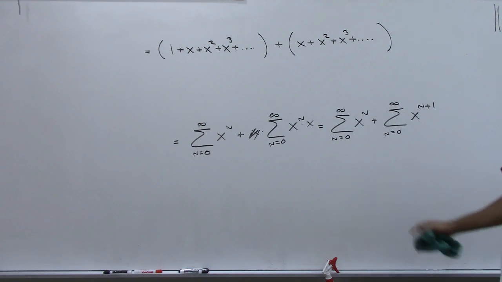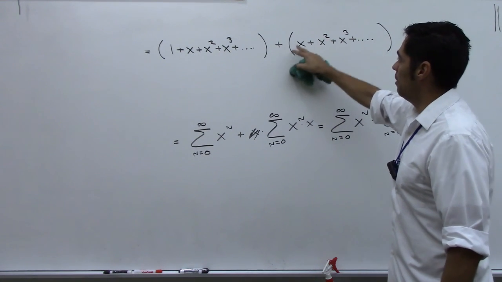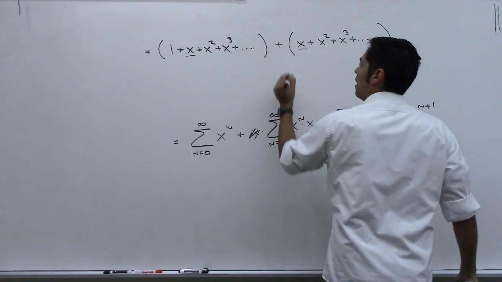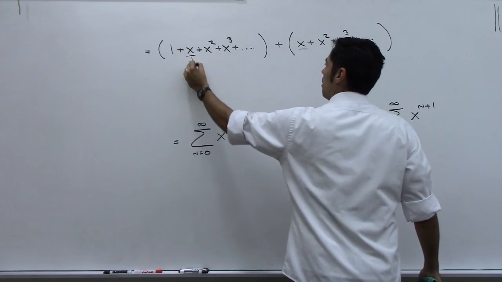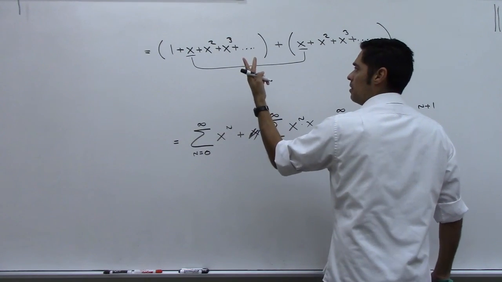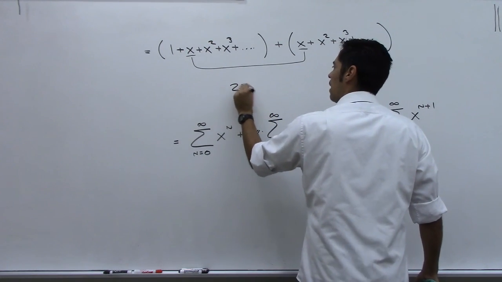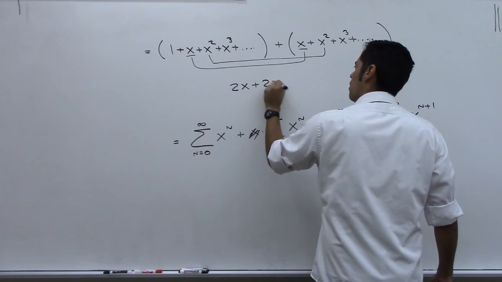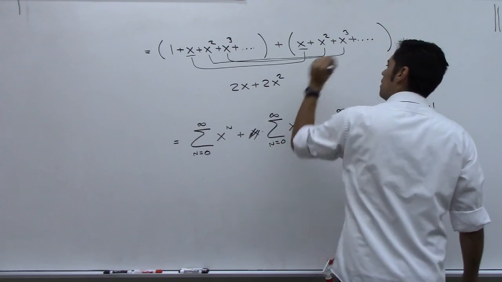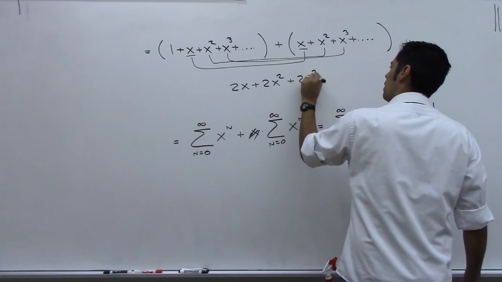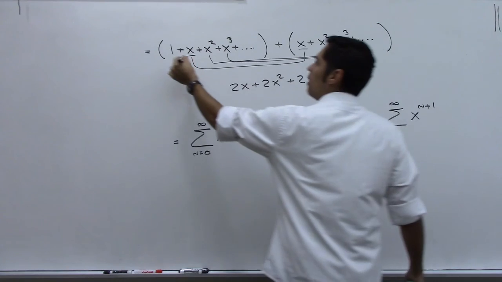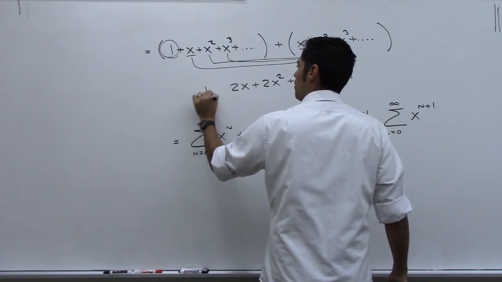And notice that I can drop the parentheses here, and this and this are the same. So those two are the same, added together I get 2x. I put this x squared and this x squared together, I get 2x squared. And this one and this one together, I get 2x cubed. And that'll keep happening. Get 2x to the 4th. But I had a 1 sitting out here. So in front of this, I put 1 plus this.